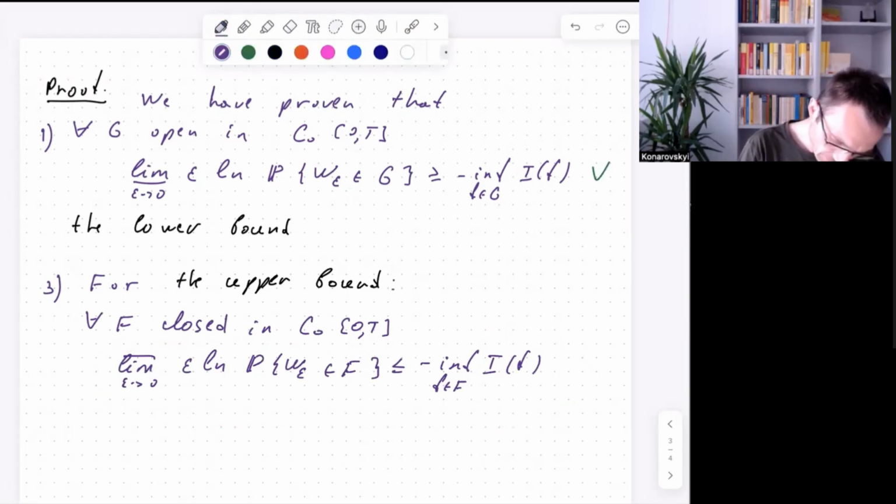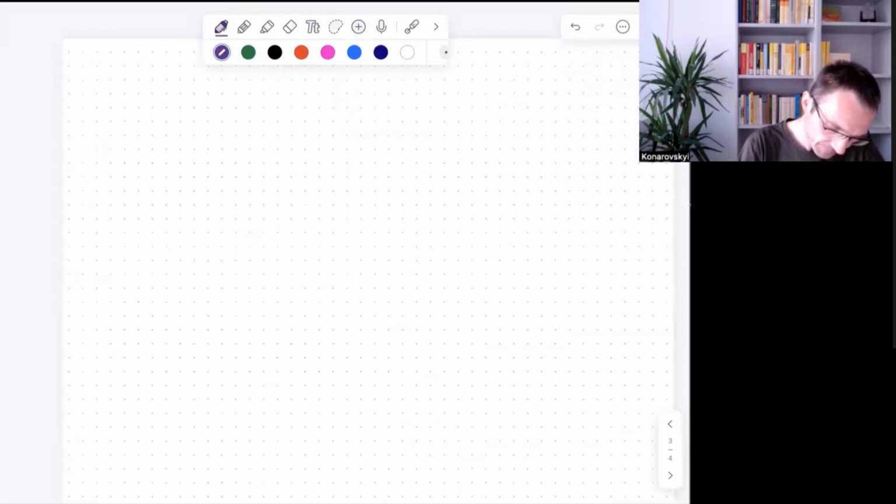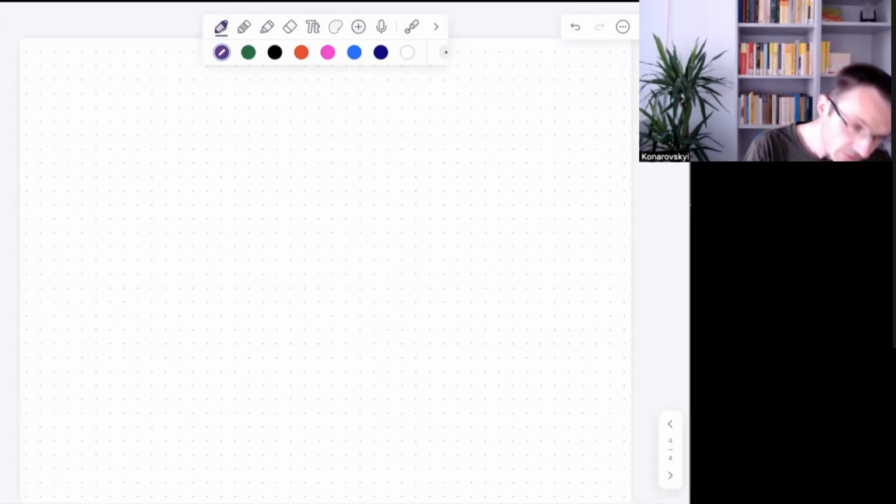And to prove that inequality, we divided the proof in a few steps.